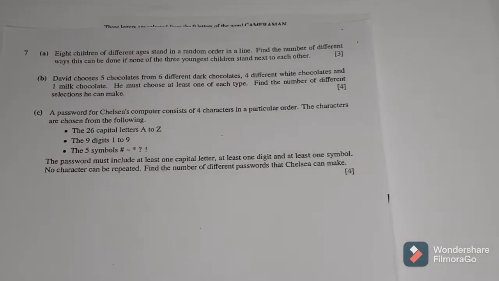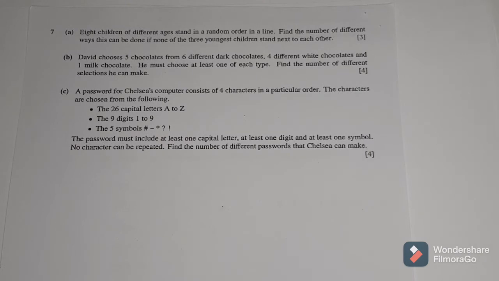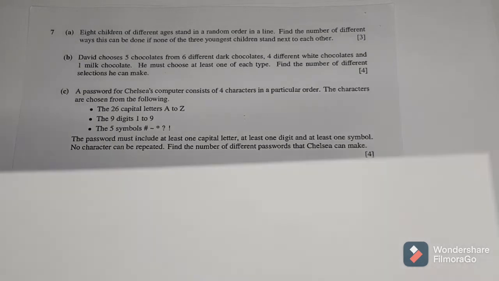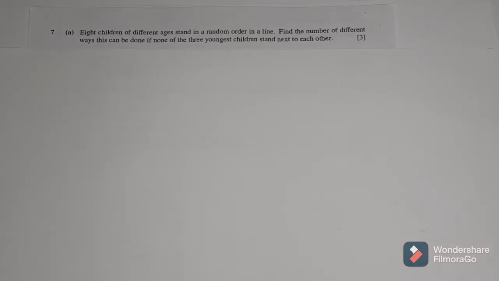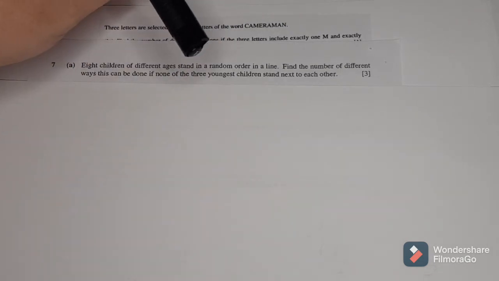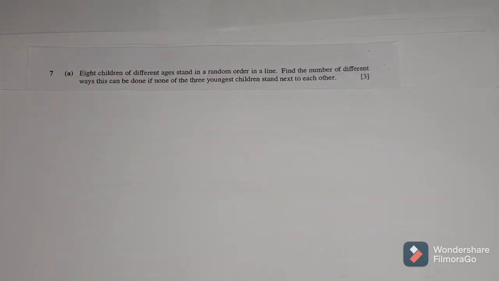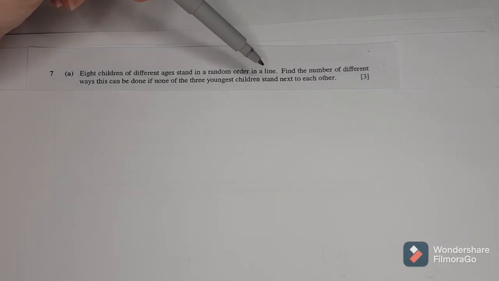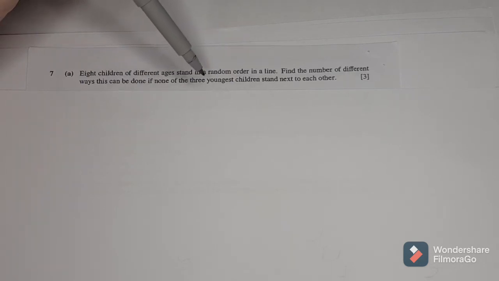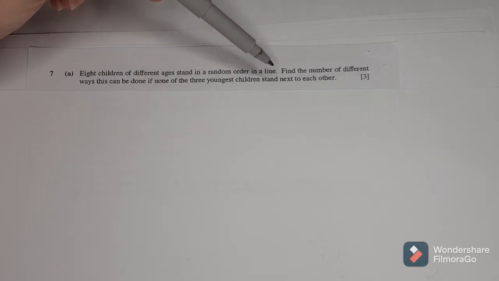Okay, and if we look at one more example, I am going to have, if I look at just the first one, I have 8 children of different ages stand in a random order in a line, and we need to find the number of different ways that this can be done if none of the 3 youngest children can stand next to each other.